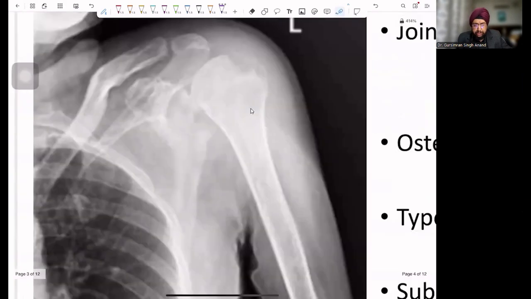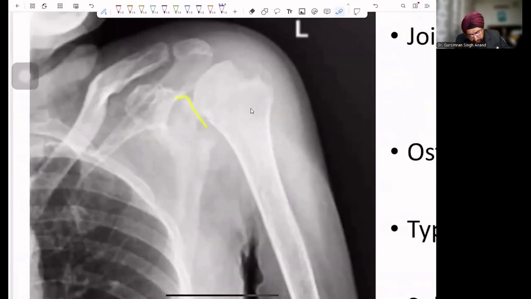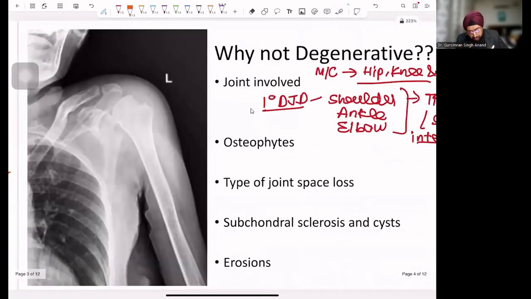If you look carefully at the X-ray, this is the margin of the glenoid fossa and this is the margin of the humeral head. We do not see any osteophytes here, and I told you the osteophytes definitely have to be present to label a case as degenerative osteoarthritis.